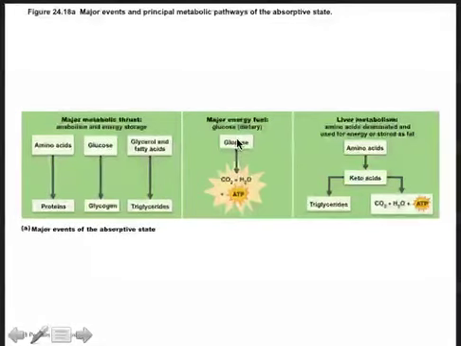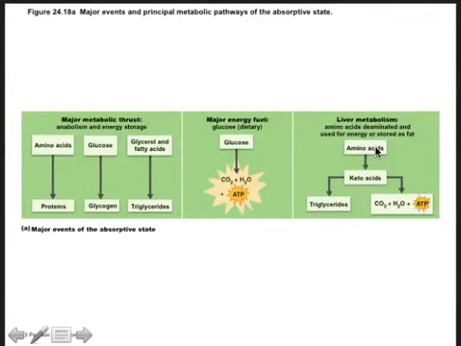Major energy fuels include glucose, which can immediately enter glycolysis and be used to generate ATP via glycolysis, the Krebs cycle, and the electron transport chain. In the liver, amino acids are deaminated and they're used for energy, or they're stored as fat.